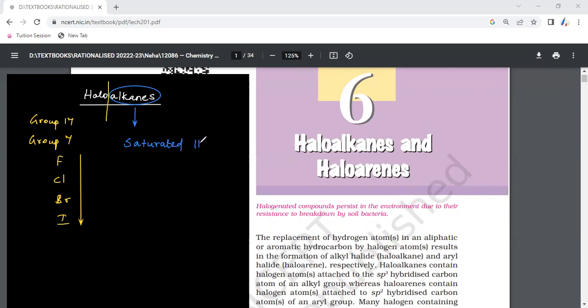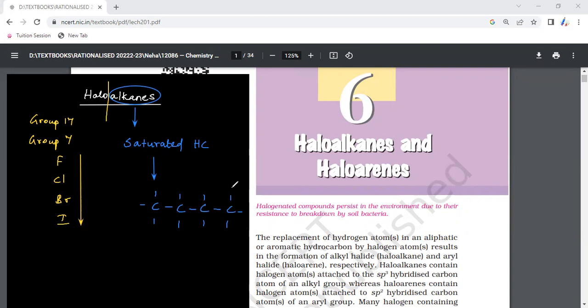Saturated hydrocarbons. So what do you mean by the word saturated? You can know that simply: since this is a hydrocarbon, only carbon and hydrogen atoms are bonded with each other, in which around the carbon atom, all the bonds are single.